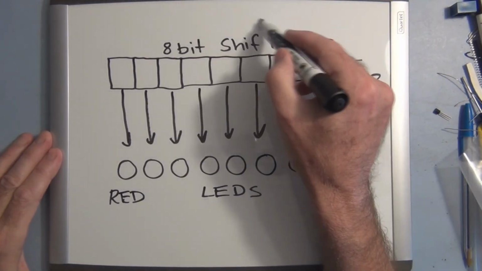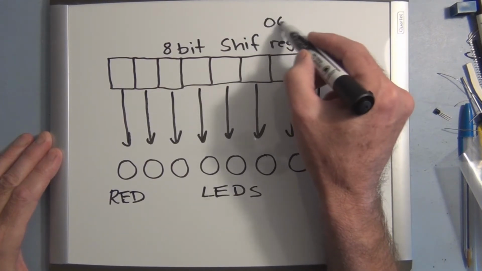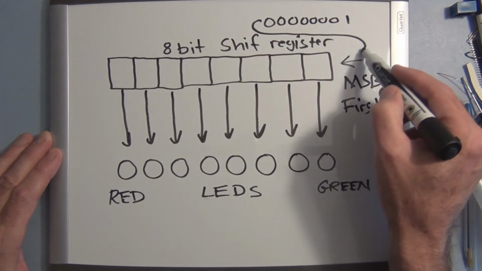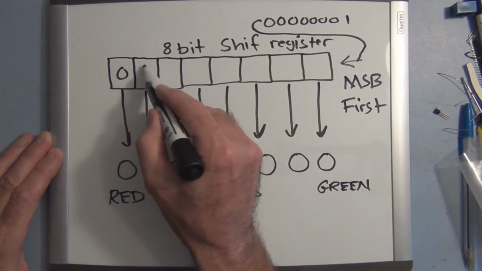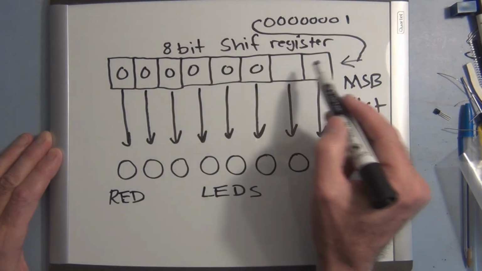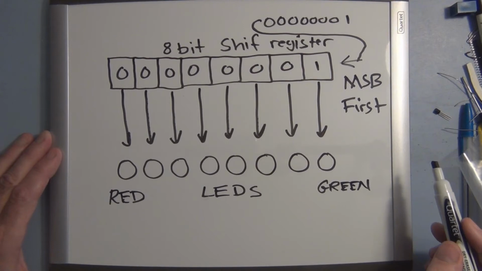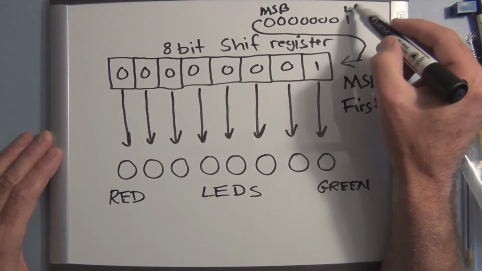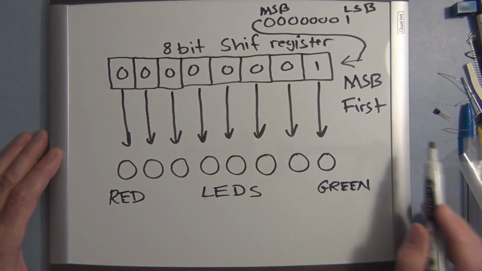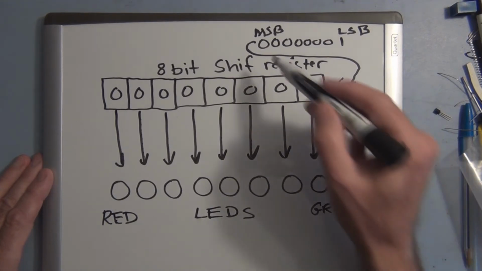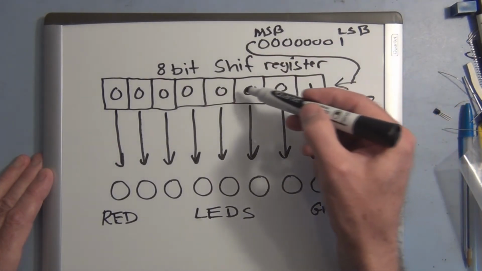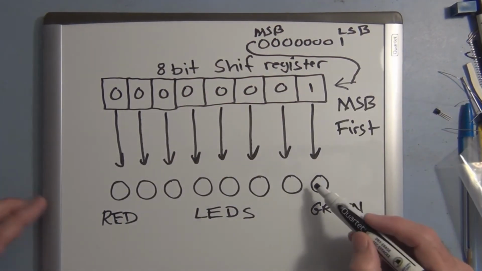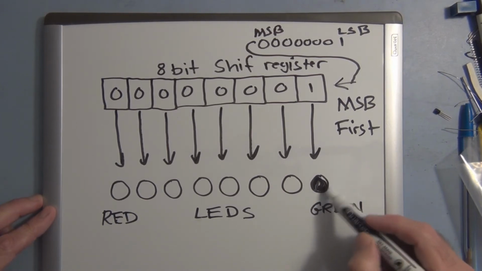So if we had 1, 2, 3, 4, 5, 6, 7, 8, this here gets shifted in first. So we end up with 0, 0, 0, 0, 0, 0, 0, 1. This is the most significant bit, and this is the least significant bit. So we start at this end, and then these get shifted into the shift register, and then they get shifted out to the LEDs, so it'll light this LED.